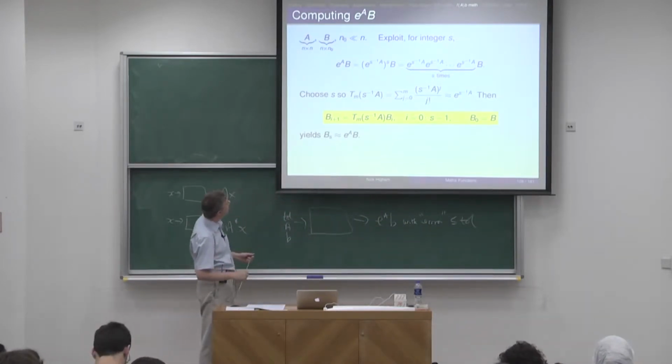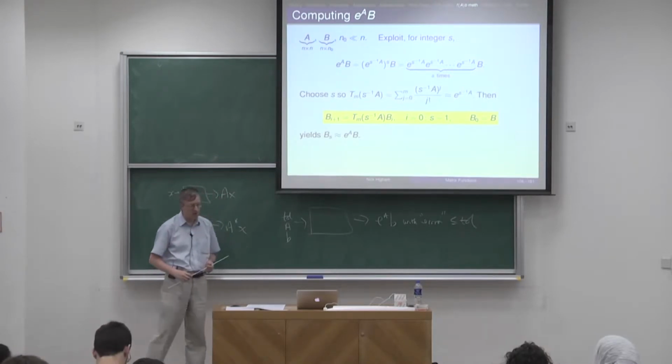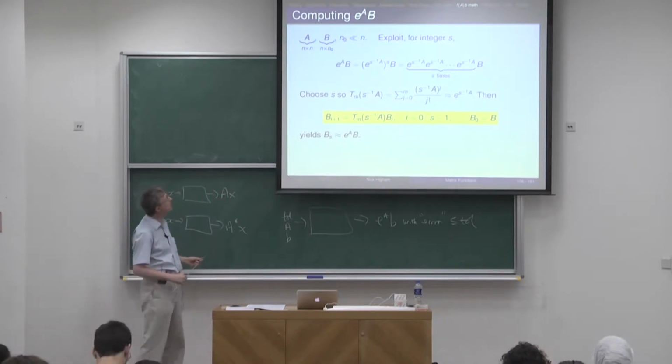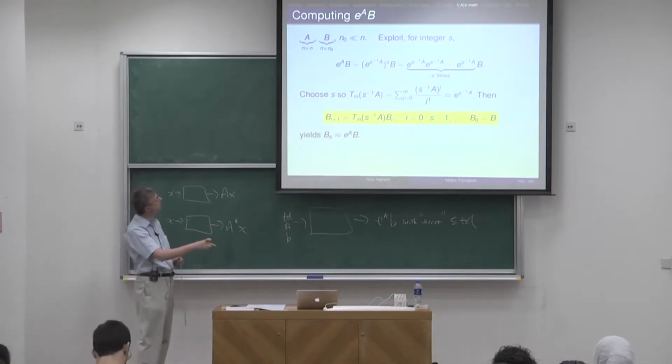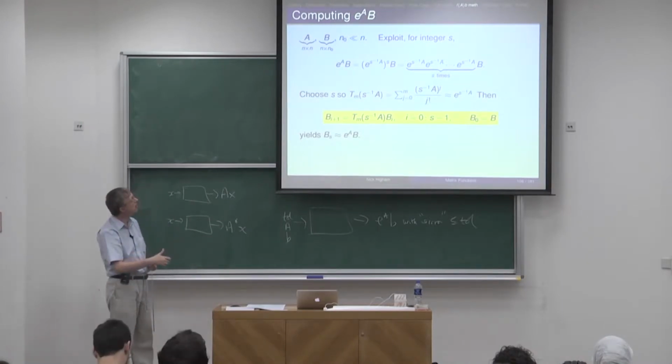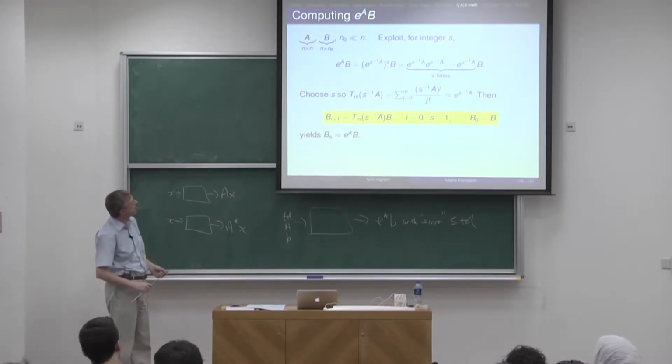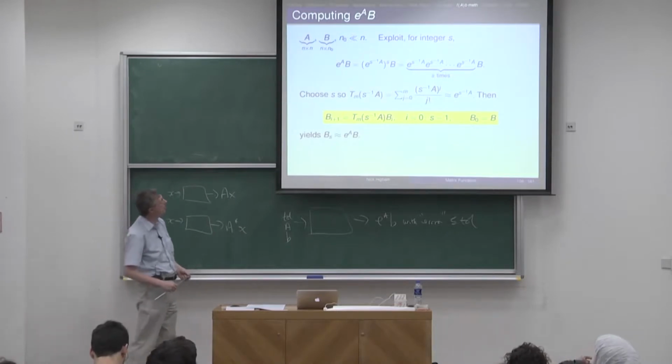And rather than just e to the A times a vector, let's handle e to the A times several vectors. So the matrix B has got n0 columns. But I want B to be tall and thin, so n0 is much less than n. n0 equal to 1 is certainly an important case.